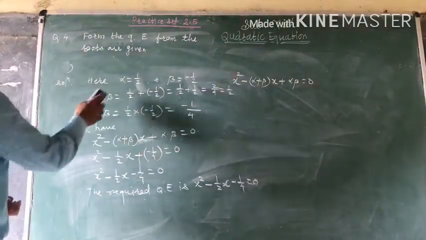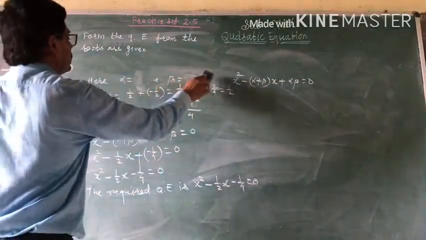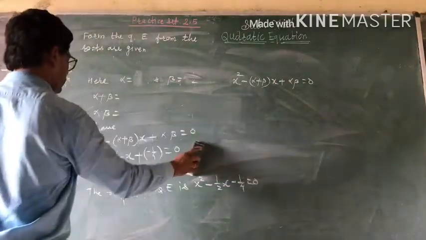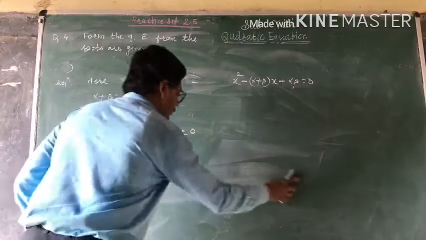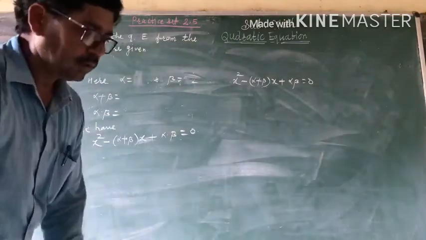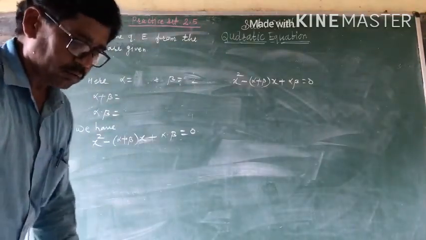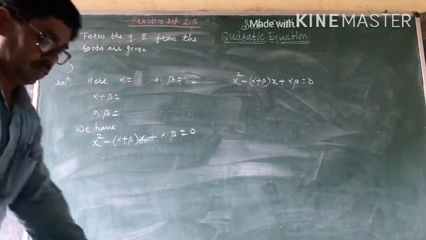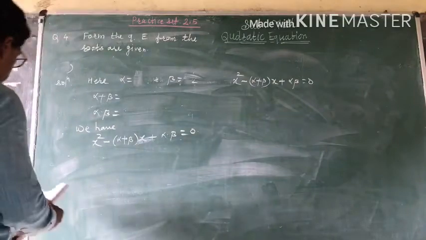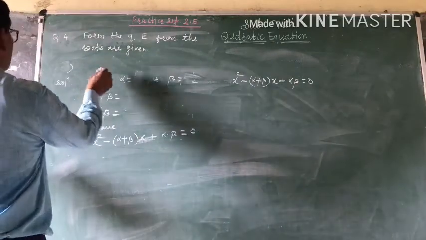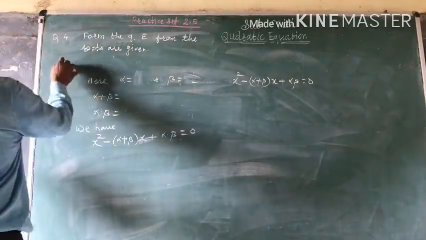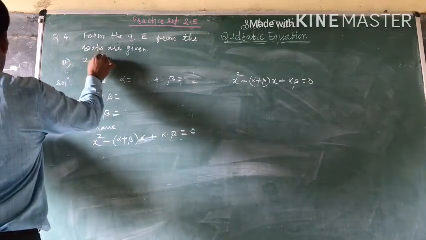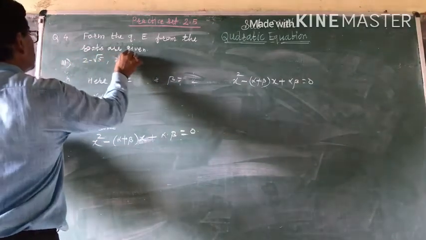The third one: the two roots are 2 minus root 5 and 2 plus root 5.